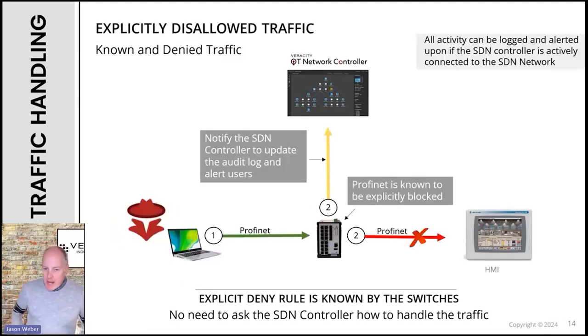If you have a bad actor or somebody just trying to get in, and we'll call them a bad actor because it might be an OEM for a machine, or some engineer who's not supposed to be making changes but does it anyway. If you have a new device or an existing device talking in a new protocol, and there's no rule for it, the switch will query the controller just like it did with allowed traffic. But the controller says, I don't have a rule for this.